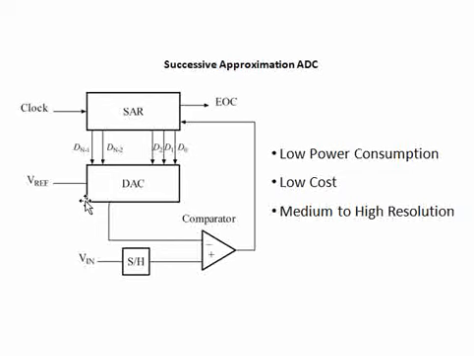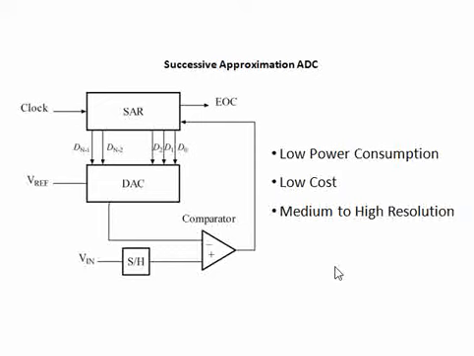Three major advantages which drive the successive approximation ADC being used in microcontrollers are the low power consumption, specifically the low cost to implement the blocks, and sufficient resolution, which is enough for microcontroller functionality for reading external sensors.